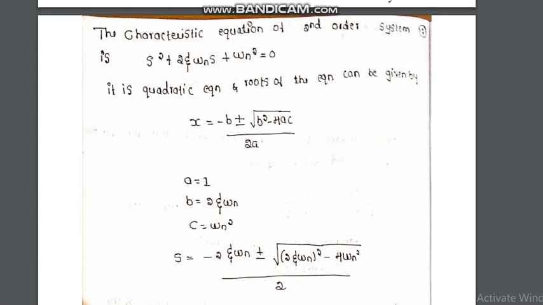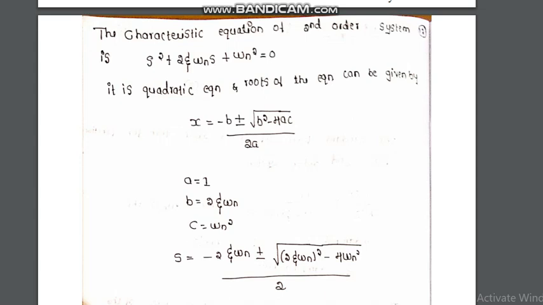Where a is equal to 1, b means the coefficient of s, that is 2 zeta omega n, and c is a constant, that is omega n square. So we'll substitute here. We want x, which means we want s. S is equal to minus b, and b means 2 zeta omega n, so we substitute minus 2 zeta omega n plus or minus square root of b square.